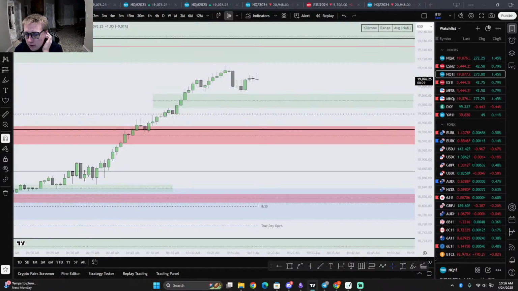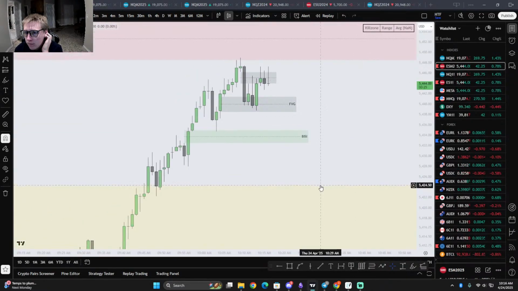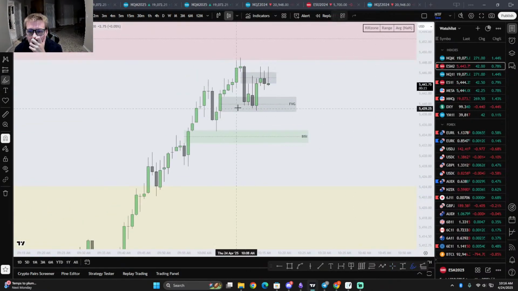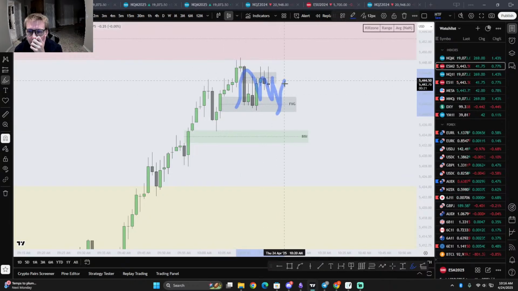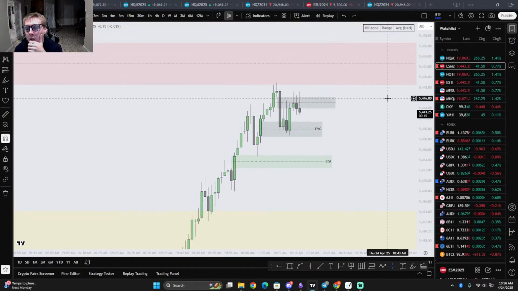No CS. ES is having some difficulty here. What are we doing? Right now we're consolidating within two fair value gaps, using discount, then using premium. Not clearly using one or the other, but using both of them.